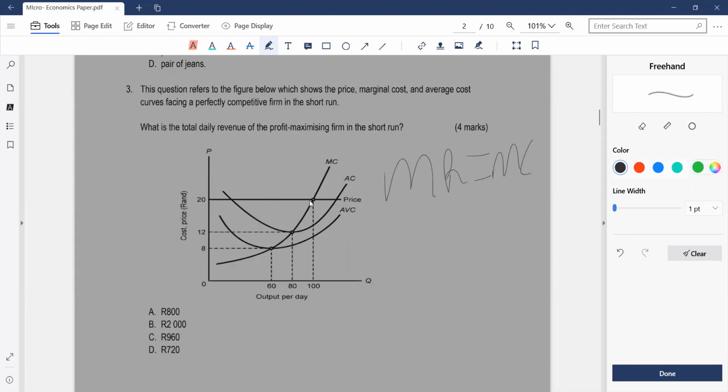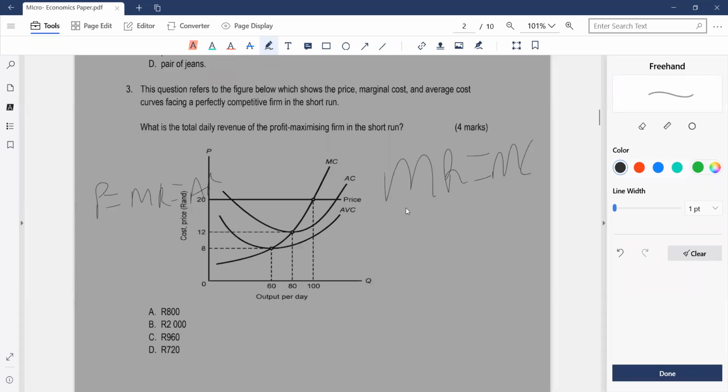And we know it's a perfectly competitive market. And remember your price is equal to MR, is equal to AR, is equal to AC. That means this line here is equal to your MR. So your MR is equal to MC at this point. That is the profit maximizing condition. MC is equal to MR.